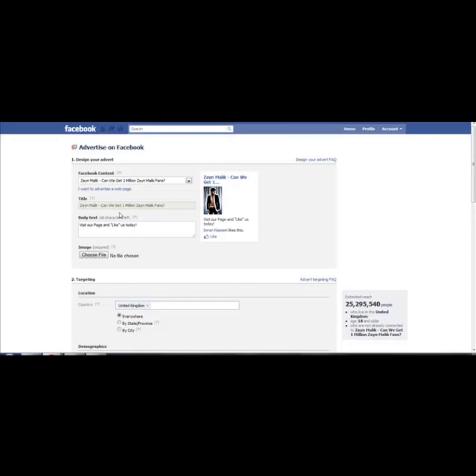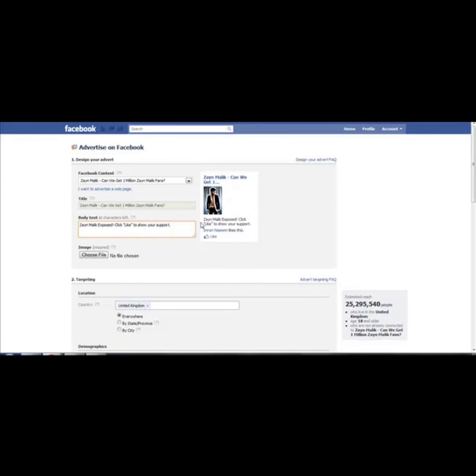Here we can see the title of a fan page, then the body text. This is where you need to put the word like in the body. I'm going to put something like, Zayn Malik exposed. Click like to show your support.